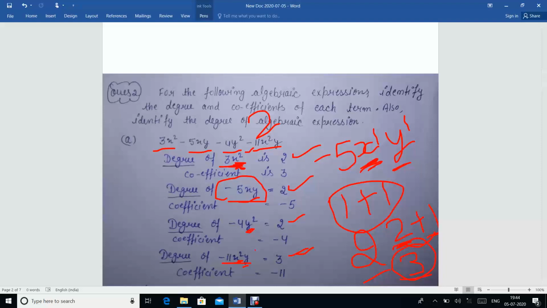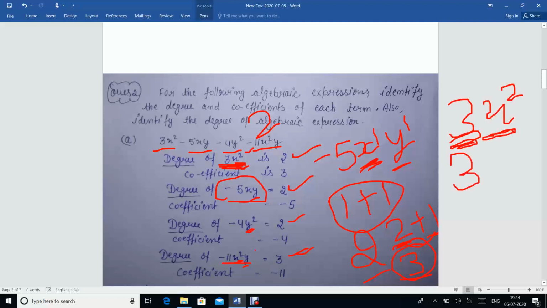Now you have studied about coefficient. Here you have to find the coefficient of the term 3x square. I told you that if you are asked for the coefficient, then you have to write the numeric coefficient of the term. You can observe that in 3x square, 3 is the numeric coefficient of x square.